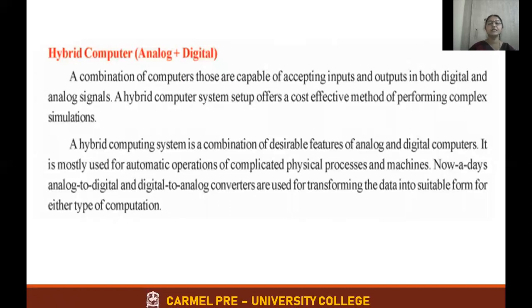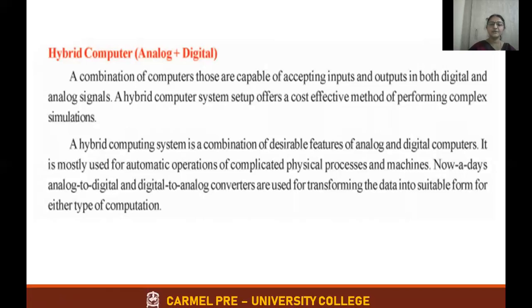A hybrid computer is a combination of both analog as well as digital computer, we can say. It is a combination of computers capable of accepting inputs and outputs in both analog signals as well as digital signals. A hybrid computer system setup offers a cost-effective method of performing simulations.